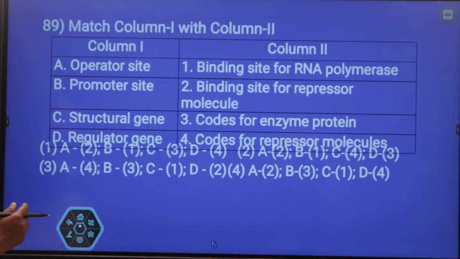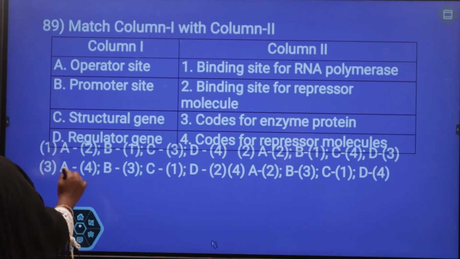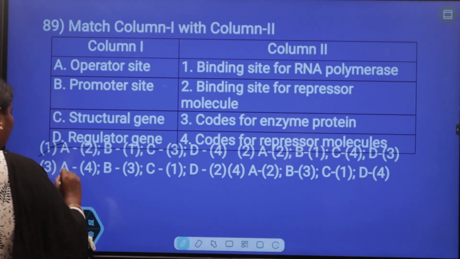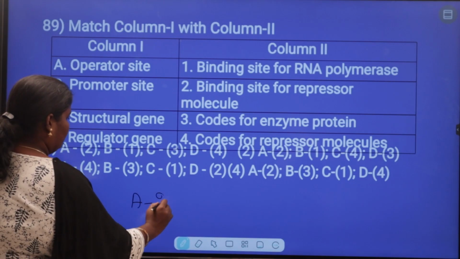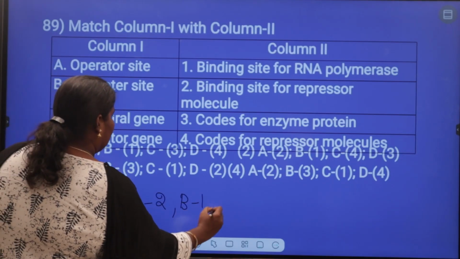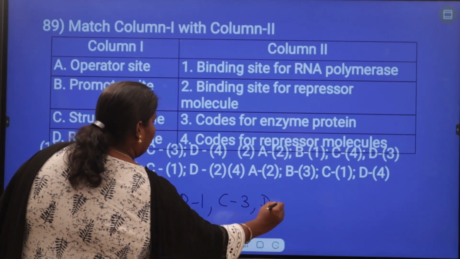89, match the following. It is from transcription and polymerases, enzymes and all that: operator sites, promoter sites, structural genes and all that. The answer for this question is the first option: A paired with 2, B first option, C third option, D fourth option.